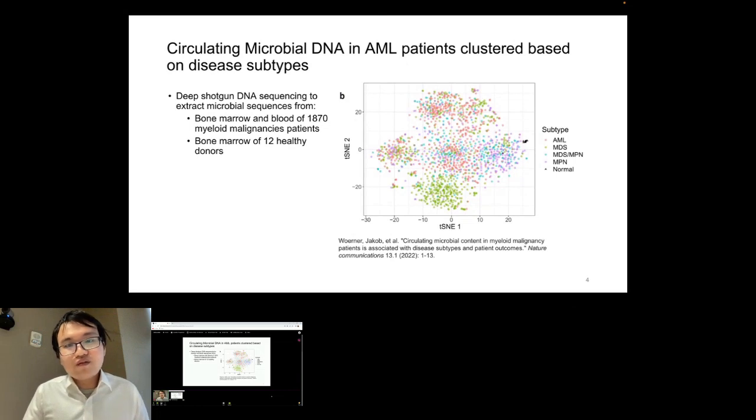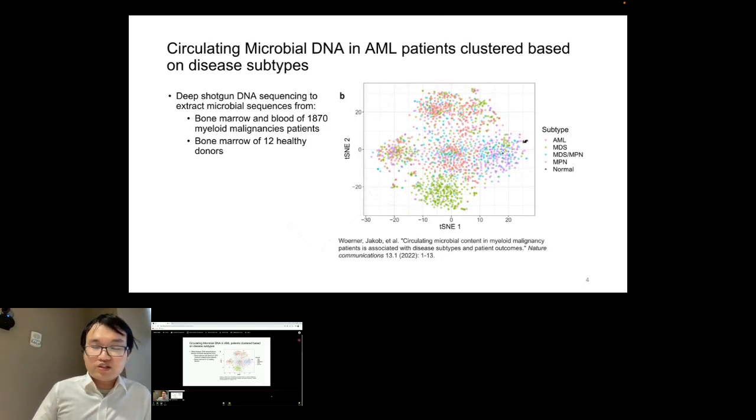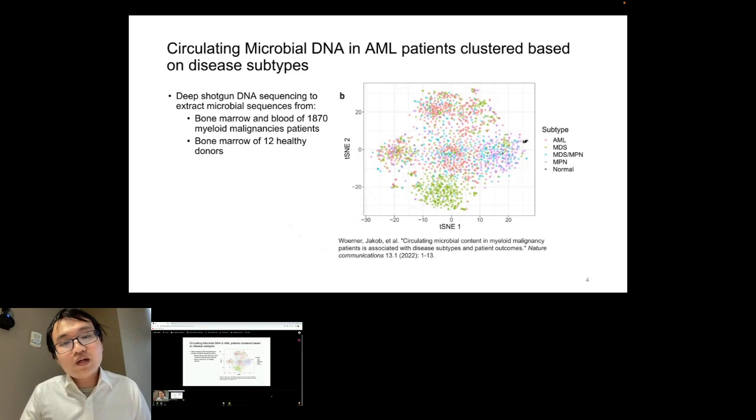Using relative genera abundance, the results indicate that the microbiome compositions of the normal control are distinct from the myeloid malignancy samples.